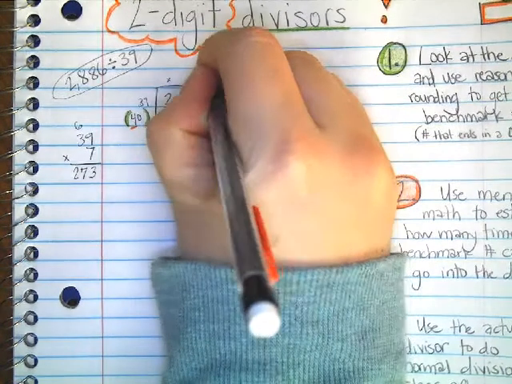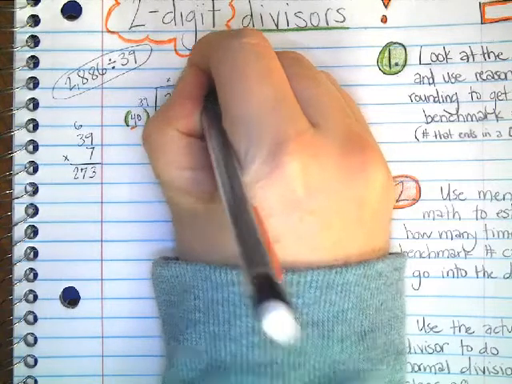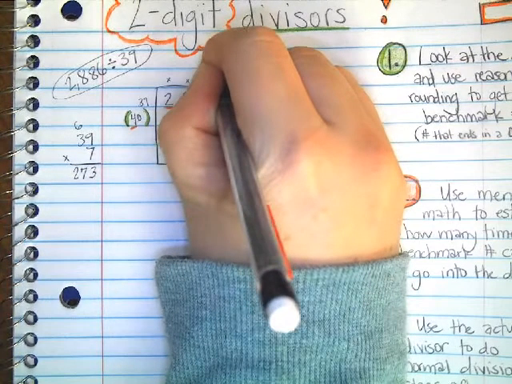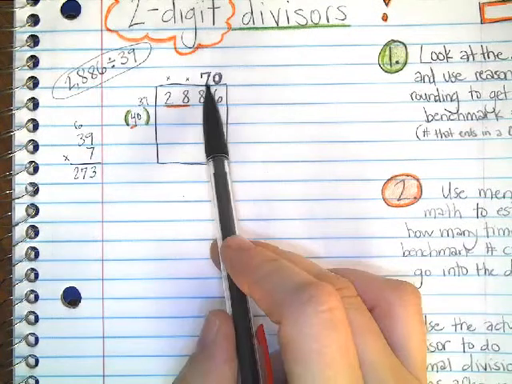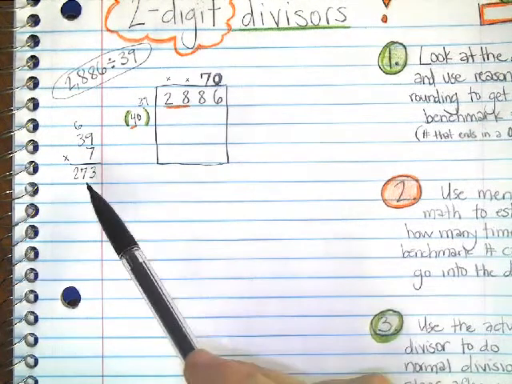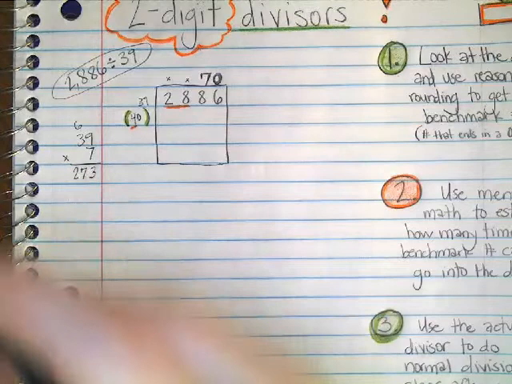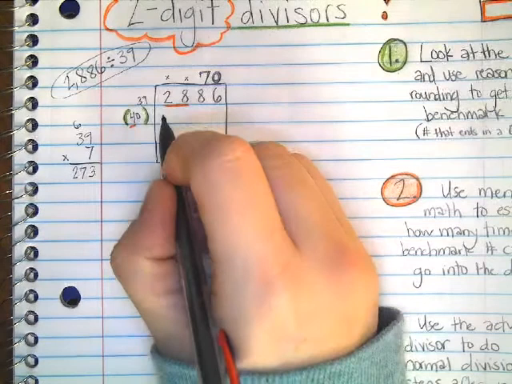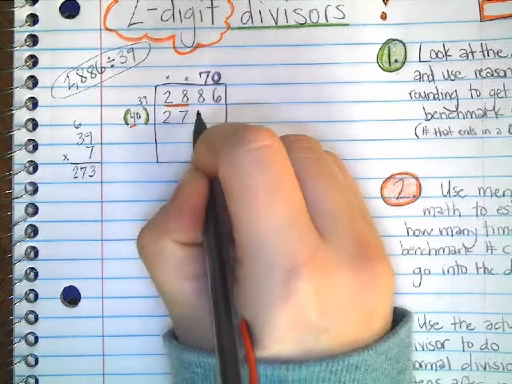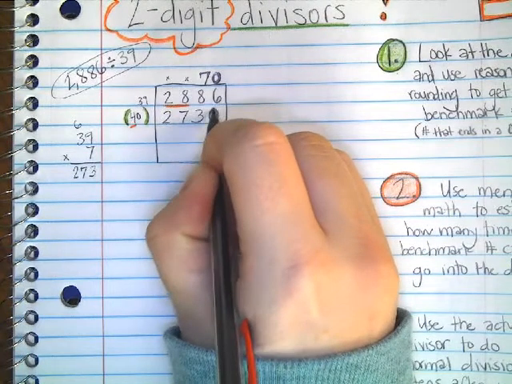So I put the 7 above that second 8 where there's a space for it. And because I'm doing it like this in place value boxes, I fill in zeros, remember? So what is 39 times 7 with a 0? It's going to be 273 with a 0. So I write it underneath the 2886.